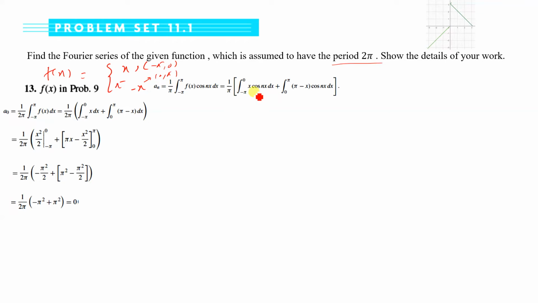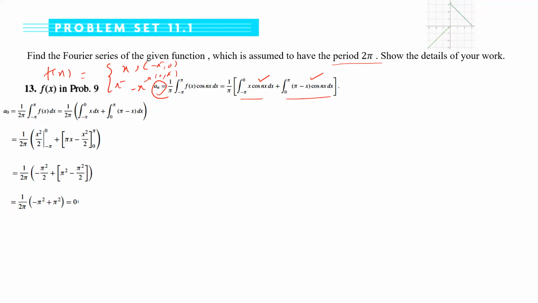From minus pi to 0 we integrate x times cos nx, and similarly from 0 to pi the integral of pi minus x times cos nx. Now this integration is a little bit tricky. We'll integrate both integrals one by one, then substitute these values back into this equation, and find the value of a n.